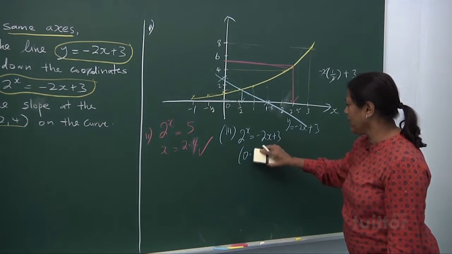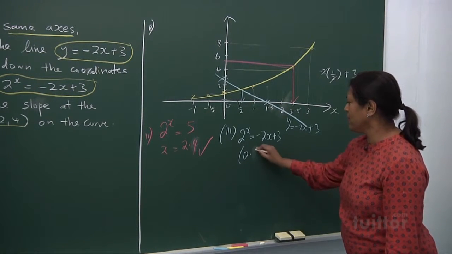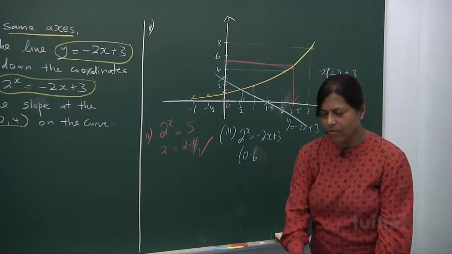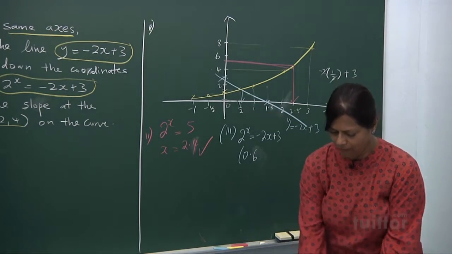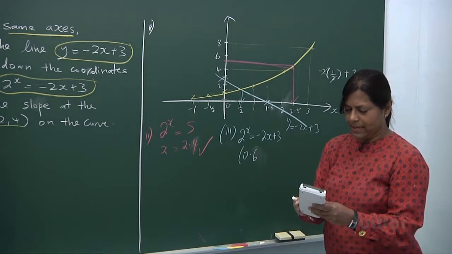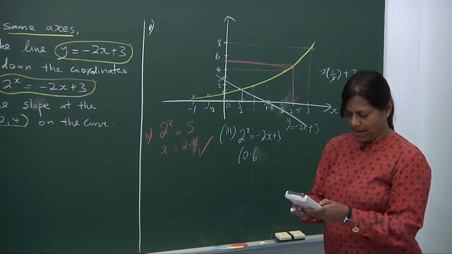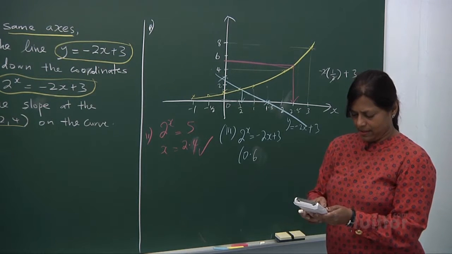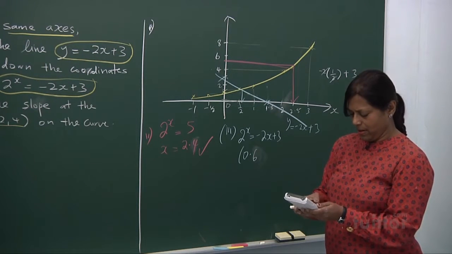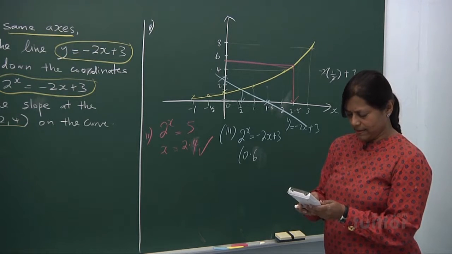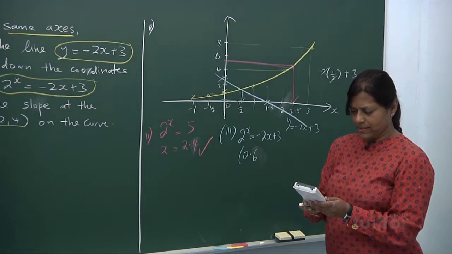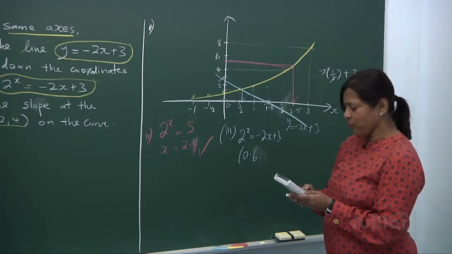So I'm going to look at it. Let's see. Maybe if I put 0.6, because it's slightly off there. Alright, you get 2 to the power of 0.6. What's your answer? You get 1.51.